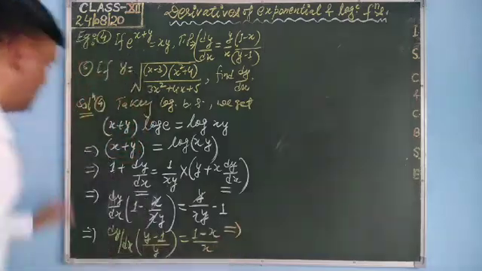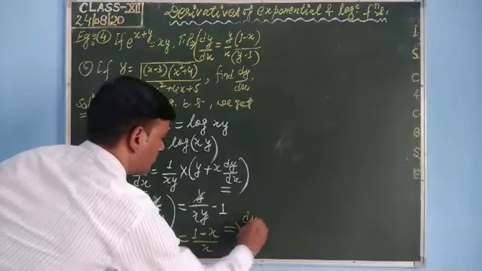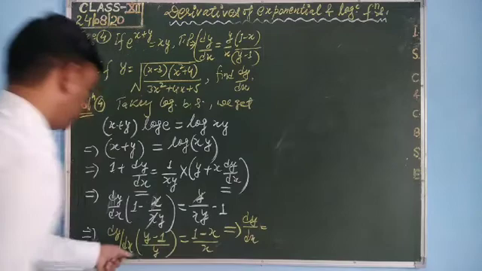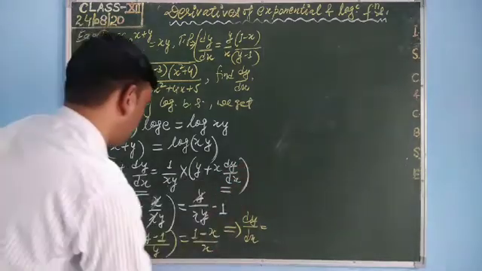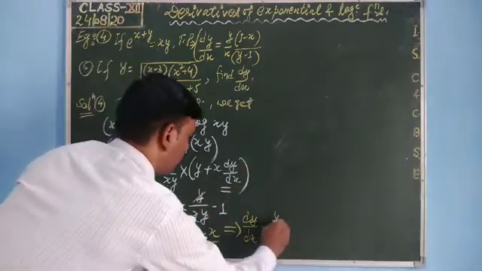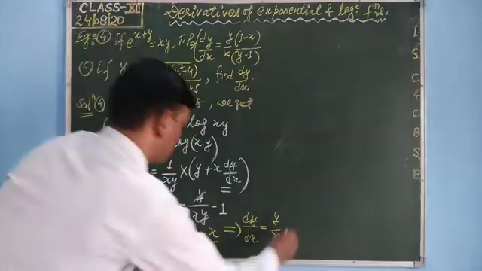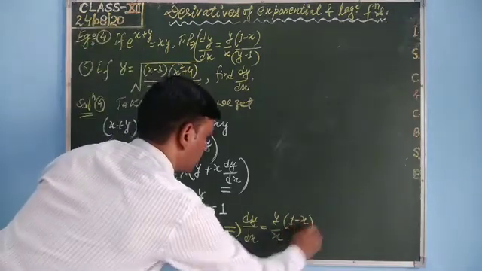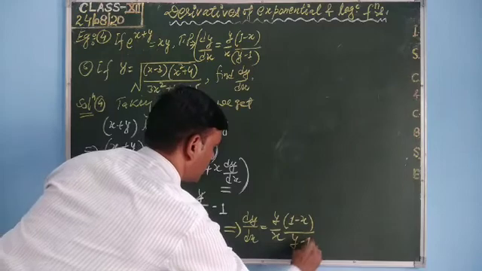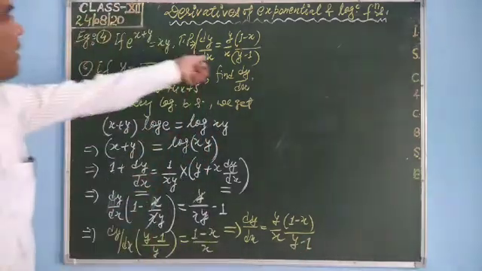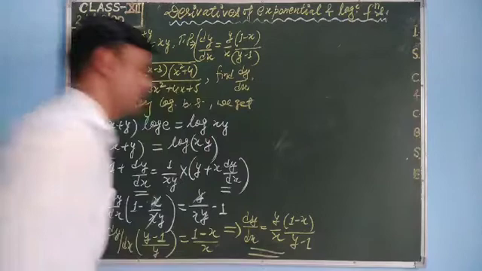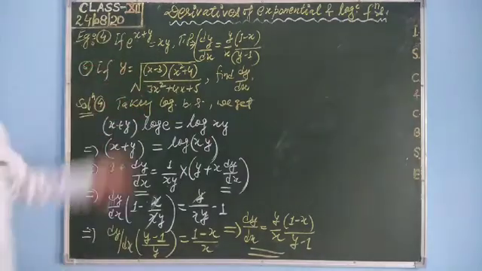This implies dy by dx is equal to, shifting to the right side, y upon x into (1 minus x upon y minus 1). That is the required proof we got using logarithmic differentiation.